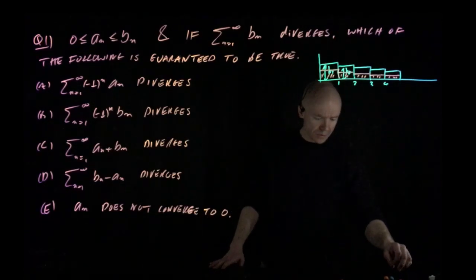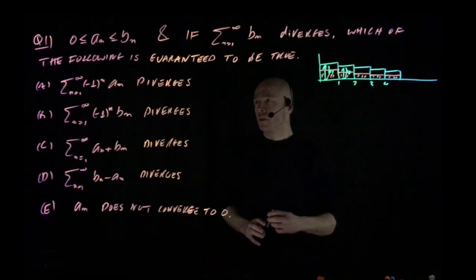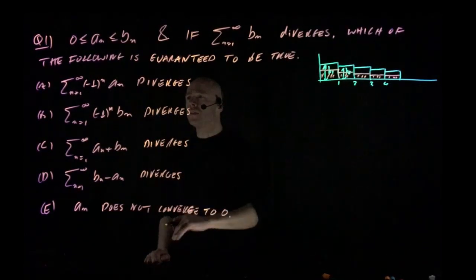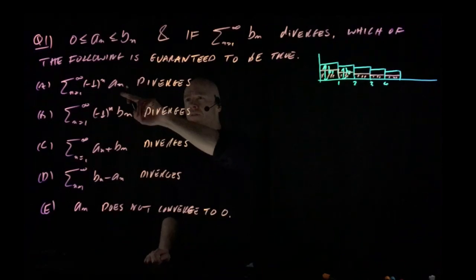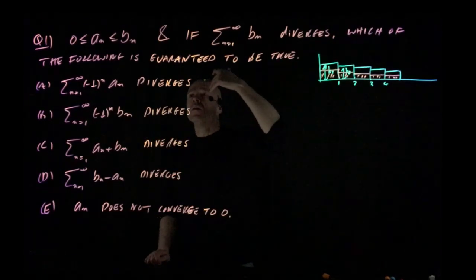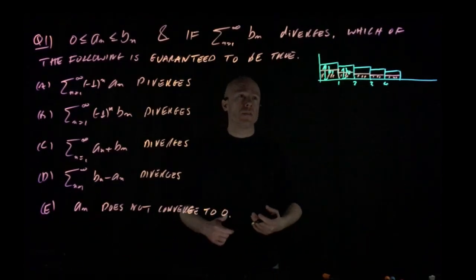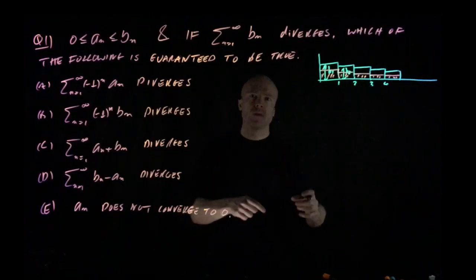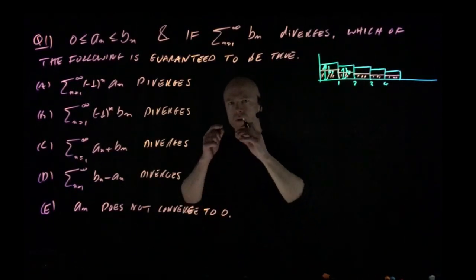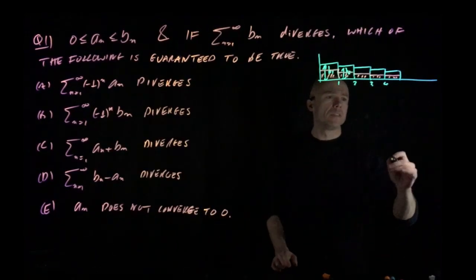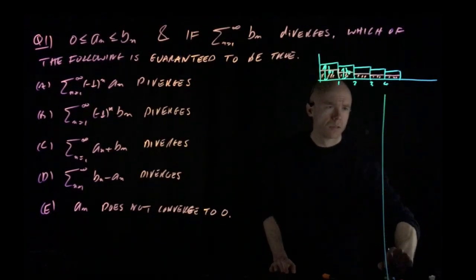All right, so looking at the first statement, the alternating series we create out of the an diverges. Okay, so what do we know? We know that if we have positive terms and we make a series out of them, then they will converge if the terms go to 0 fast enough, right? The key example is 1 over n. 1 over n has a sequence of terms that go to 0, but it certainly doesn't converge, right?